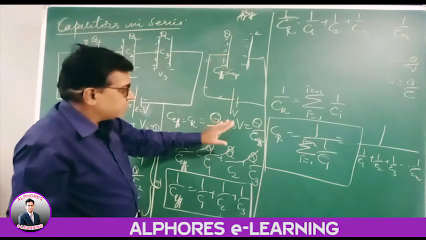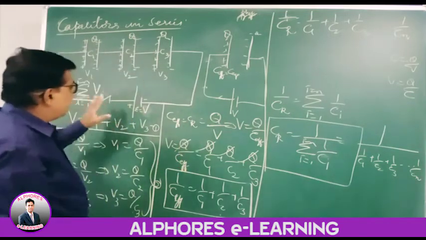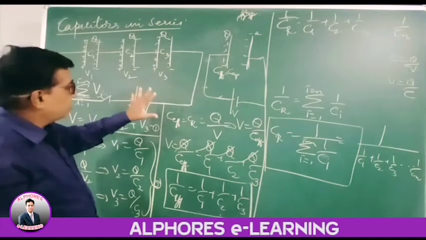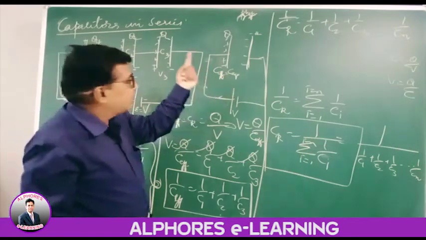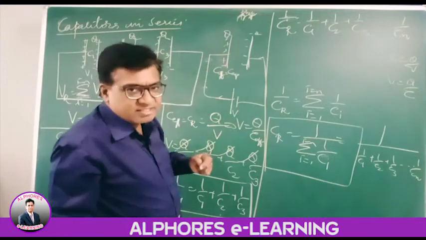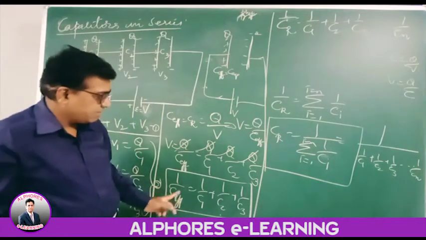Applying the definition, Cr is Q by V, but the energy is distributed, so the total potential is V1 plus V2 plus V3. Putting the things together, I get 1 by Cr.